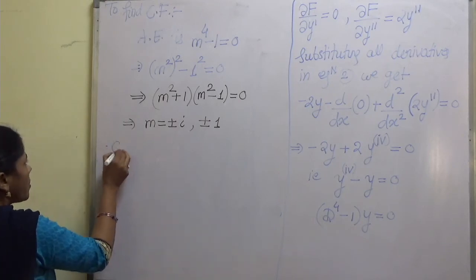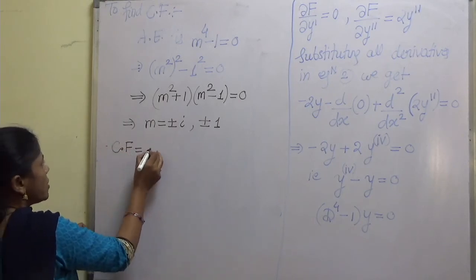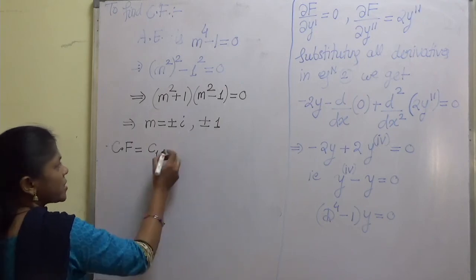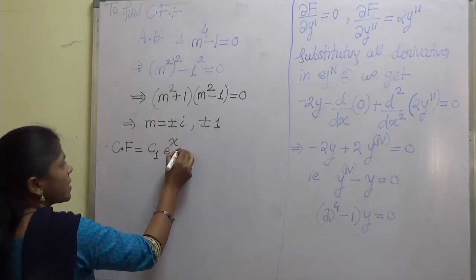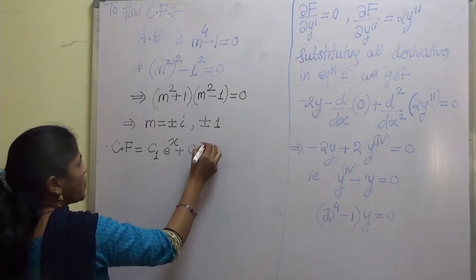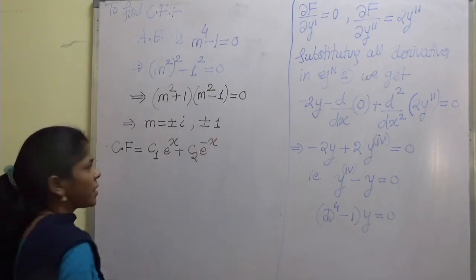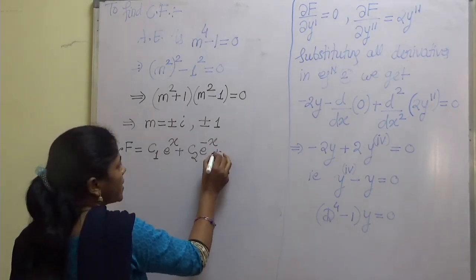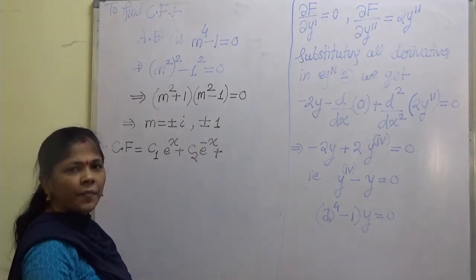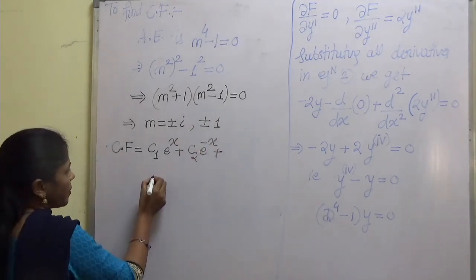Therefore the complementary function is equal to, first we will write for real and distinct, so c1 e^x + c2 e^(−x), isn't it? Then for complex roots, α ± iβ, alpha is 0, beta is 1.